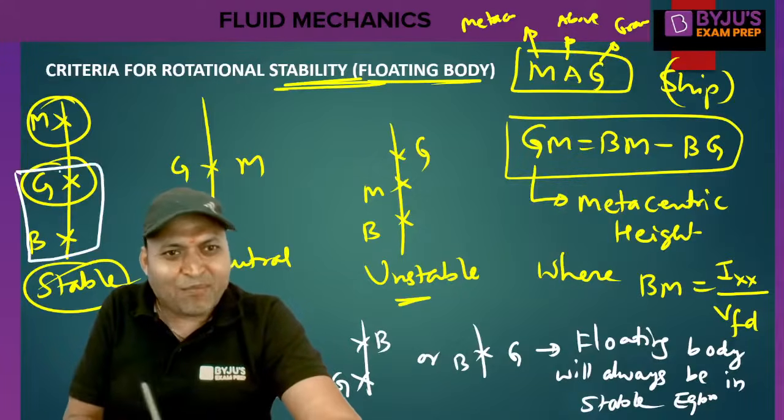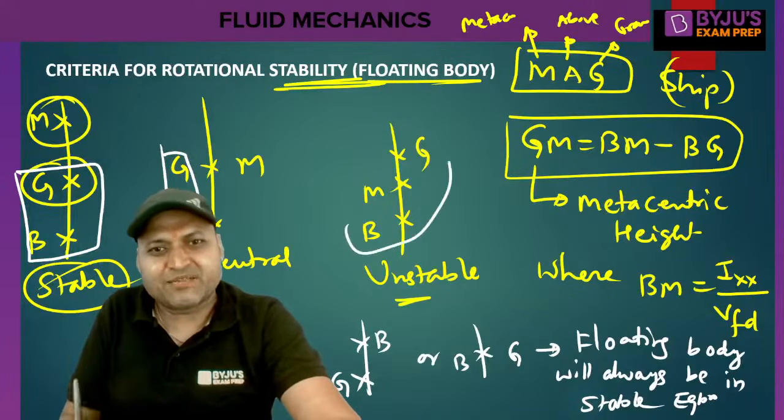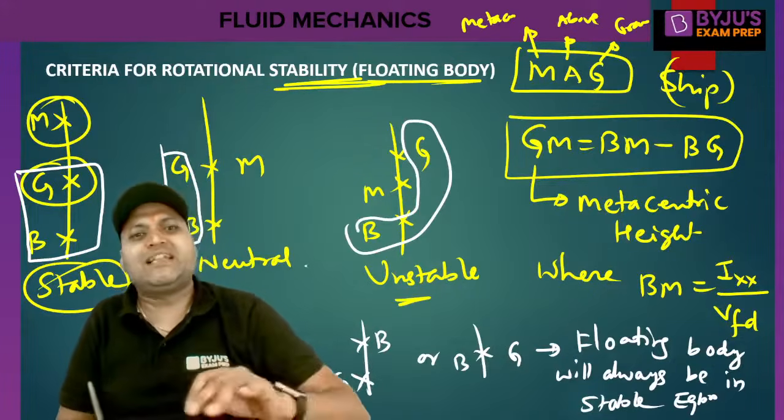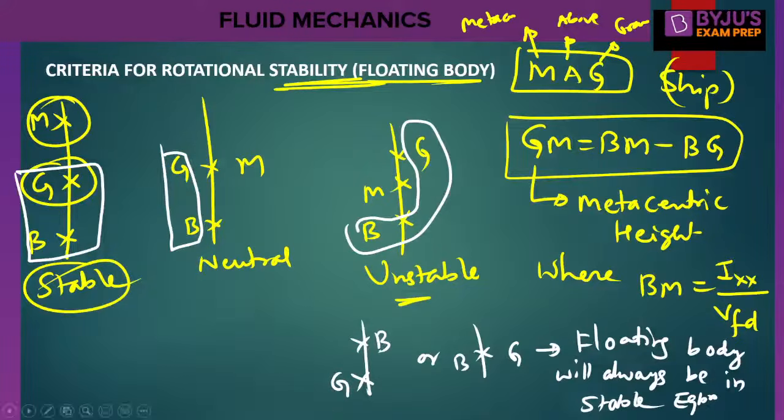When B is lying below G, then there are three possibilities based on the location of the metacenter. But when B is lying above G or B coincides with G, then the floating body will always be in stable equilibrium. Then we do not require the metacenter.